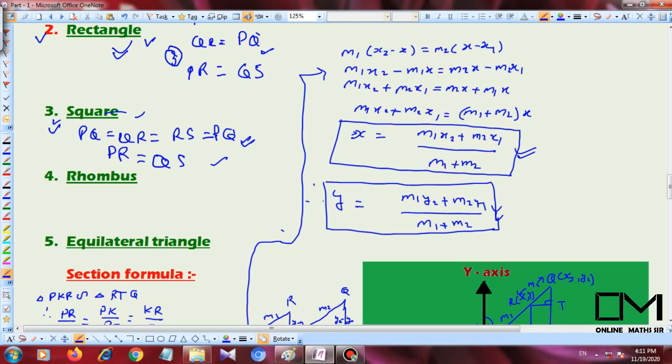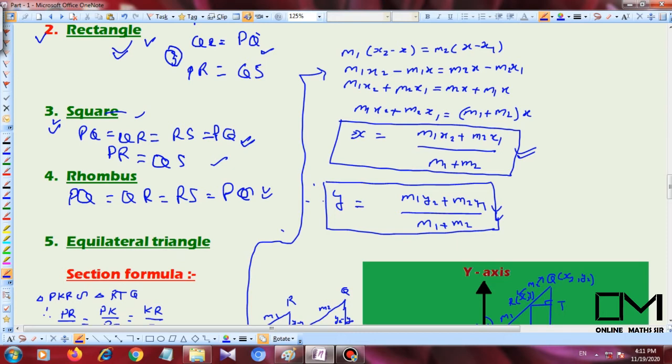Only the sides should be equal, meaning PQ equal to QR equal to RS equal to PS. If all the sides of a quadrilateral are equal, then that is the required condition to prove a rhombus. Clear? Next, how to prove that 3 points lying on a 2D plane form an equilateral triangle.